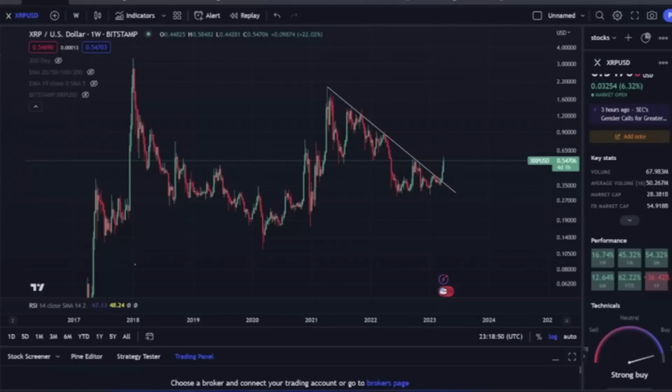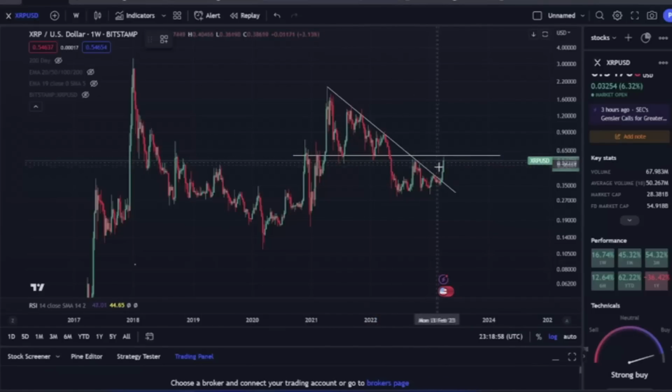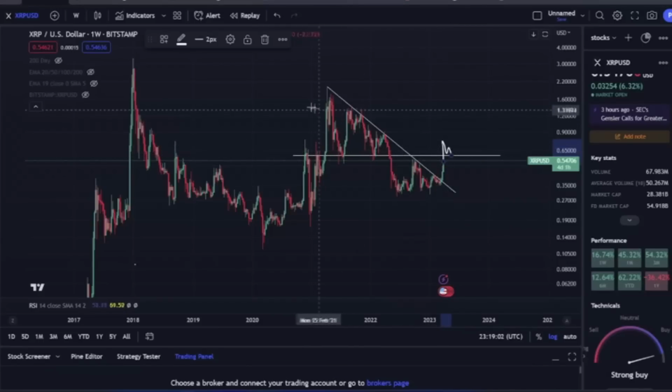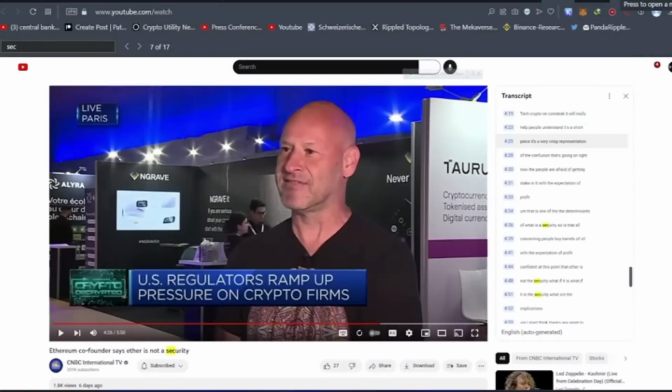Now we have to break above some area. So this whole area, right? This is where we wicked to. What we want to see is for this to blast above this and then use it as support. And then the next area we want to see is this area, then this area, and then this area. If it can keep climbing its way up, it's really good news for us XRP holders.